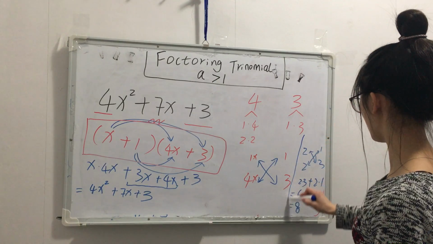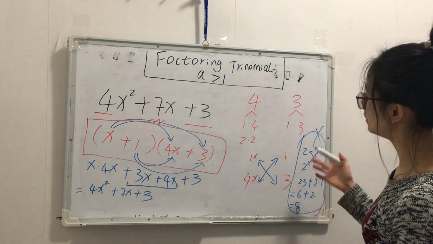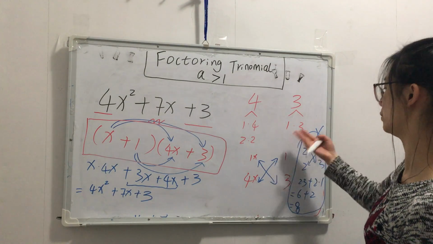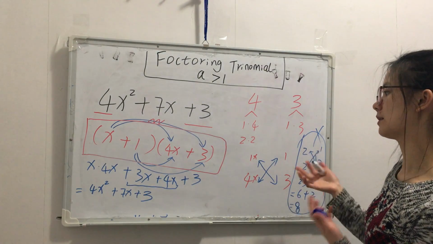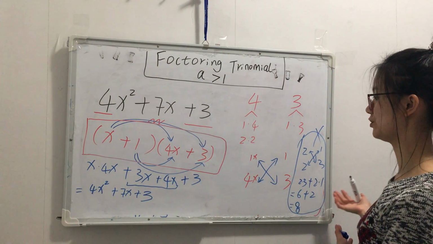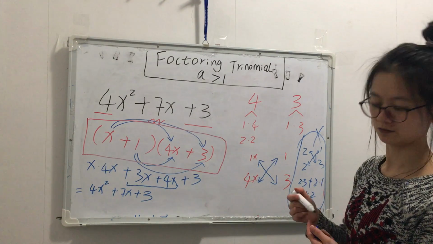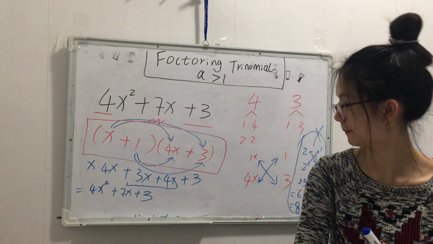So this one doesn't work. Or you can try another one or switch the order. You still can see we don't have another combination that works. So this is our factors. This is what we want.